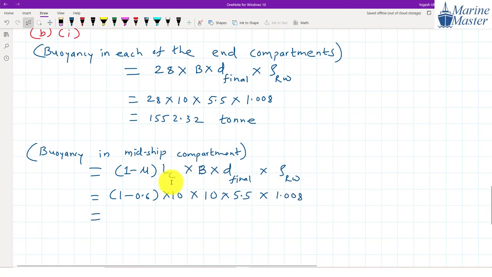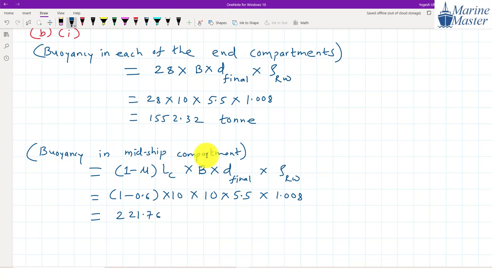So please do the calculation, guys, and tell me the buoyancy in the midship compartment. 221.76.